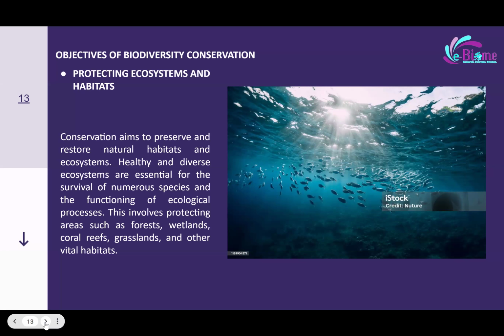So by protecting this particular keystone species and even all organisms within the ecosystem, we ensure that there's preservation and restoration of natural habitats and ecosystems as well.